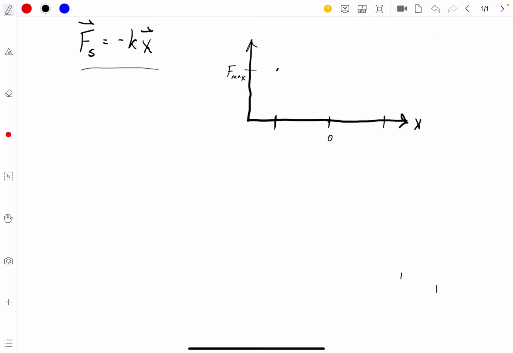We're going to come down through here, and we're going to end up with negative force max. So that'll be right here. And now all I have to do is draw a straight line through those things. Okay, nice. So minus k is our slope, just like y equals mx, where m is our slope, right?